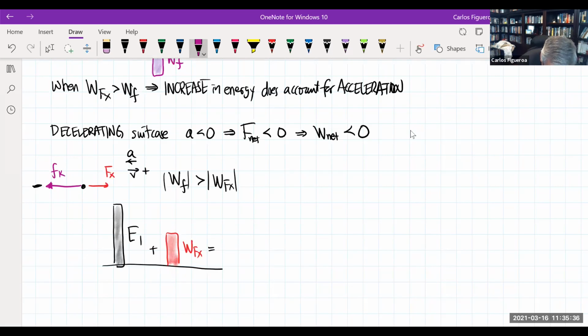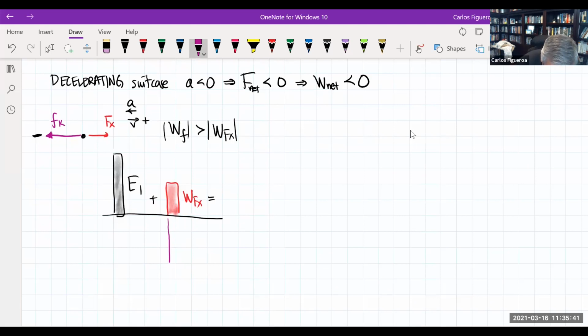However, the frictional force has to be larger, and therefore it does more work. So when I look at the energy, the frictional force is 4 squares, the work of f of x is 2 squares, so the net negative work is 2 squares.